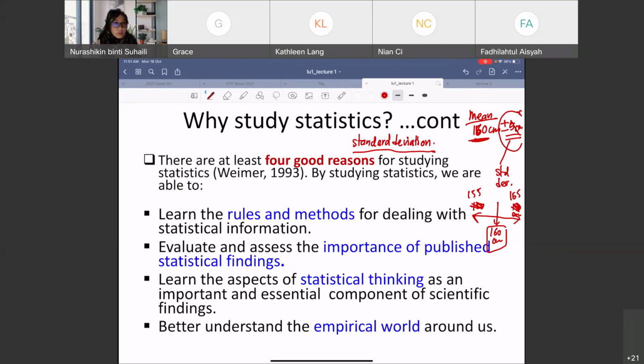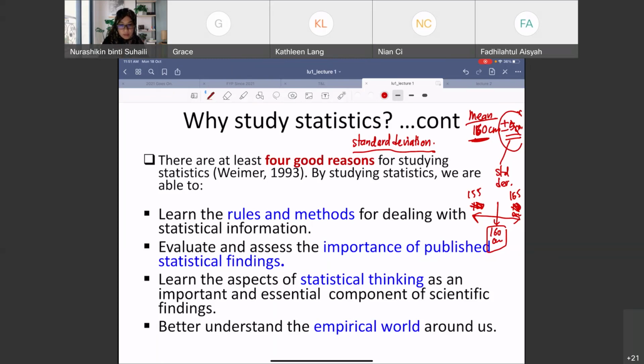If, let's say, we do not know about average, for example, what is average? When people say the average height of students is this and this, if we don't know about statistics, we don't know what it means, right? So when we have a good knowledge of statistics, we know how to interpret the data. That's why it is very important for us to study statistics, to evaluate and interpret the data.